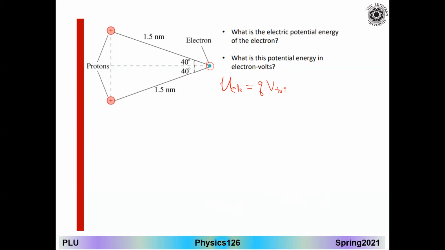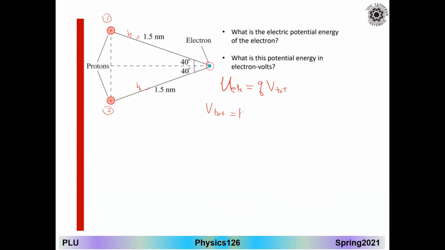Once I find the electrical potential at that point and I have the electron charge, I can find my electrical potential energy. So now I have to identify the total V in this case. The total comes from the two positive charges, so I will use the formula. Let's assume this one is number 1, this one is number 2, and this one is R1 or R2, sorry. And this one is R1.